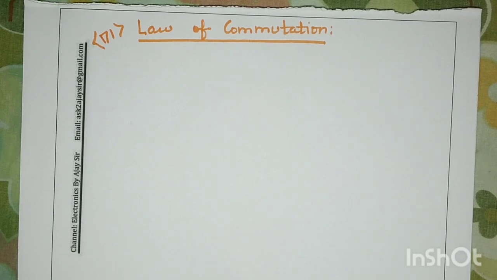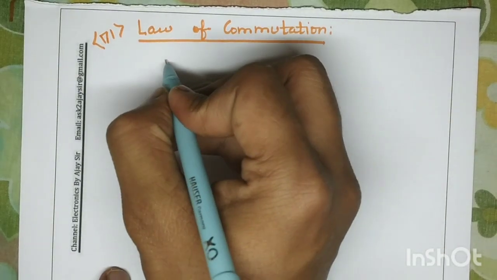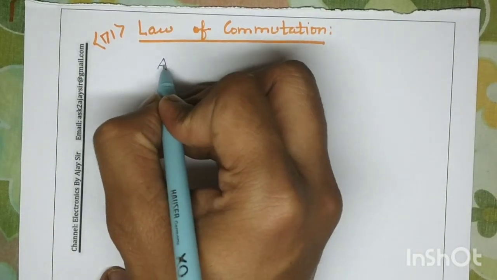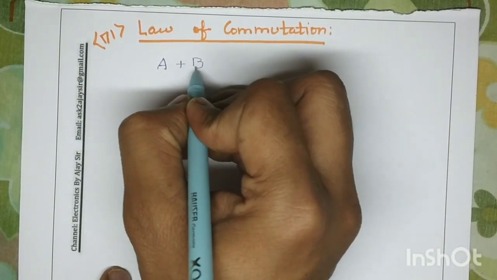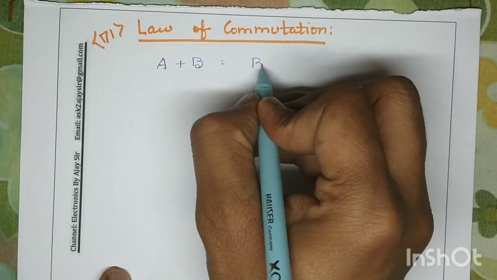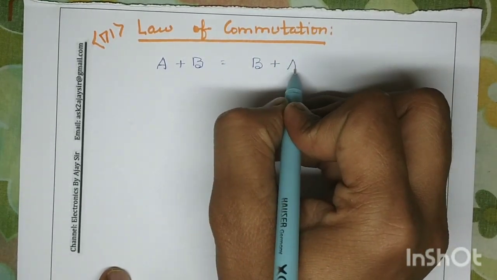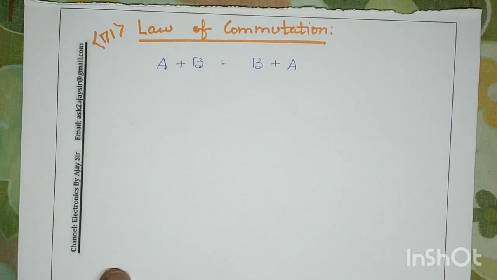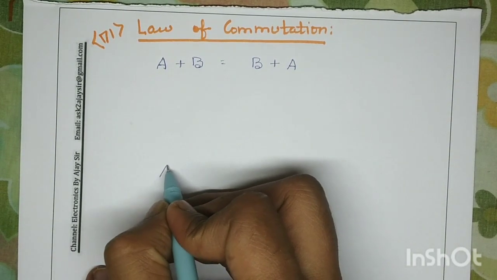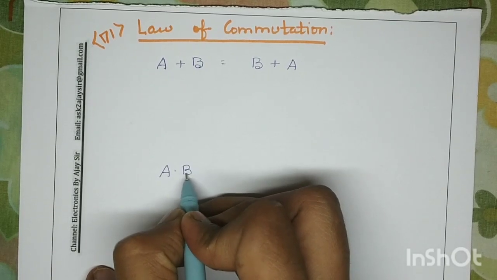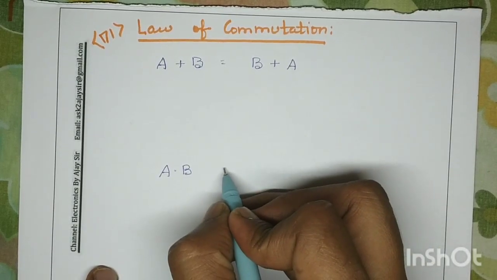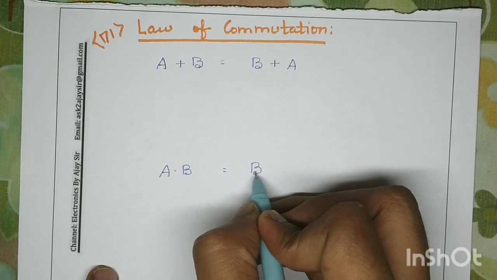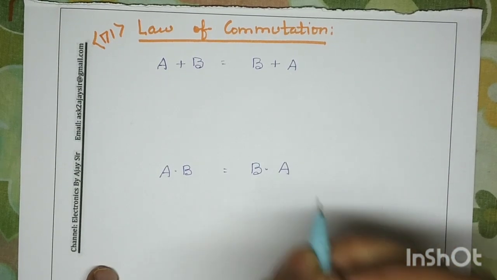In this law, there are two equations. One, it is A plus B is equals to B plus A. Okay. The another expression, it is A dot B is equals to B dot A.